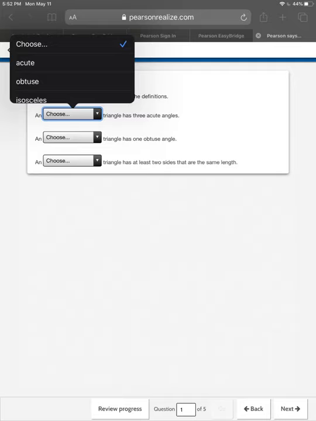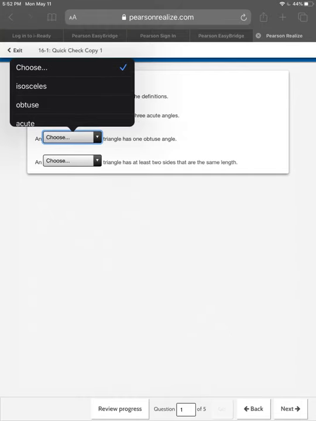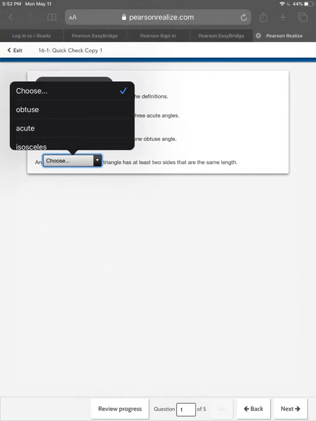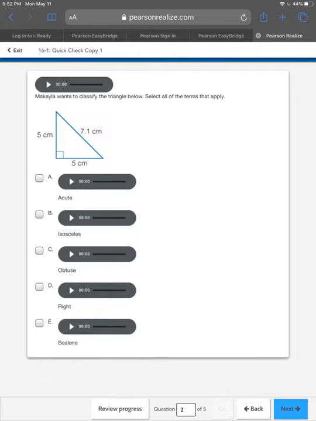If you watched the videos, did the Buddy practice, and joined the Zoom on Wednesday, then you should be prepared for these quick check questions.